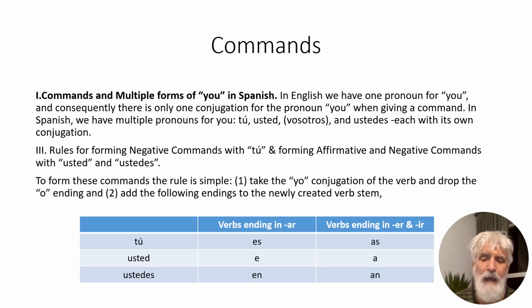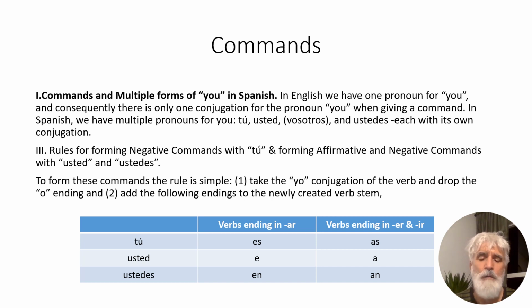The endings we add will depend upon whether you're giving a tú command, an usted command, or a plural you command, ustedes. The endings will also depend upon whether we have an AR verb or an ER-IR verb. This is very simple once you get used to it. So let's take a look.